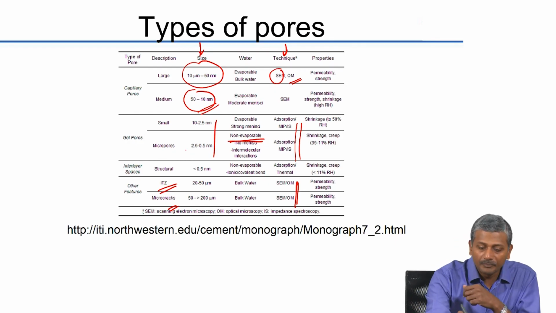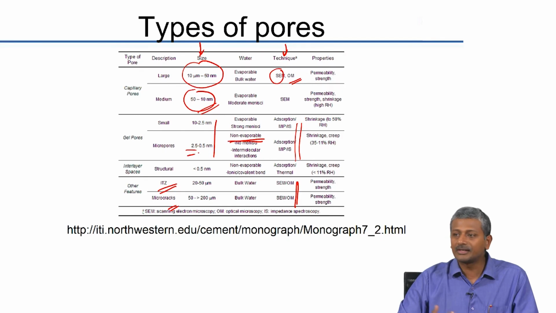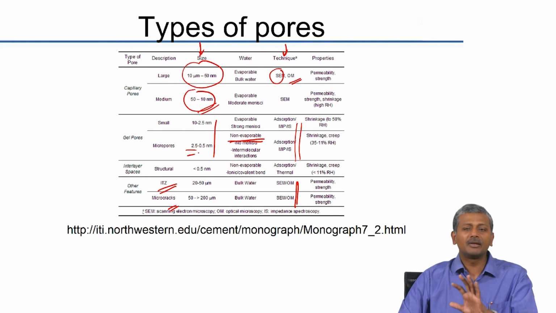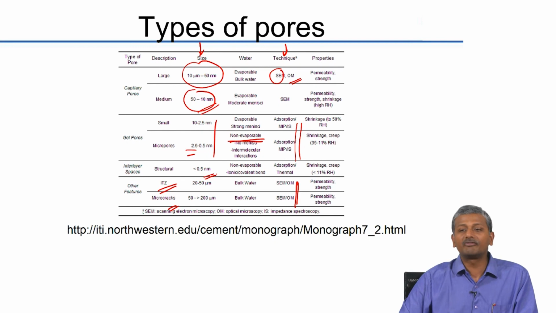That we are talking about less than 2.5 nanometer size, and if you do mercury intrusion porosimetry you may not even be able to determine that porosity because of the extent of pressure that you can go to, right. Typically about 3 nanometers is the limit of what you get by mercury intrusion porosimetry. Interlayer spaces are even less than 0.5 nanometer. So, you can imagine pulling out that water is going to be next to impossible.